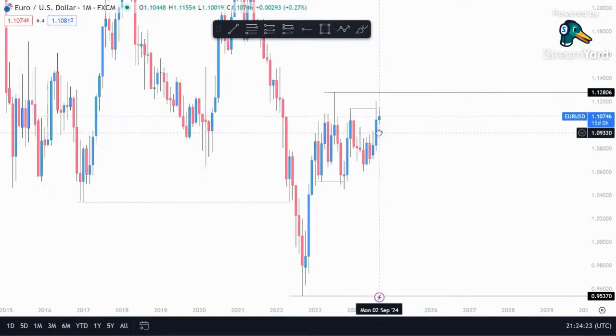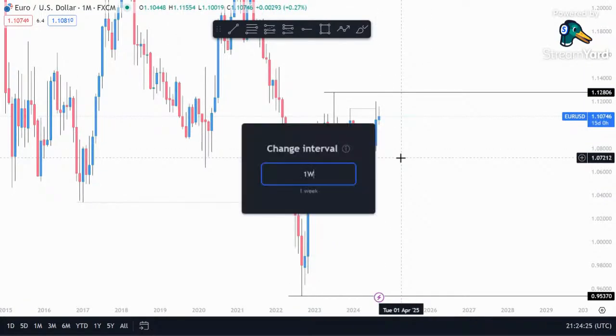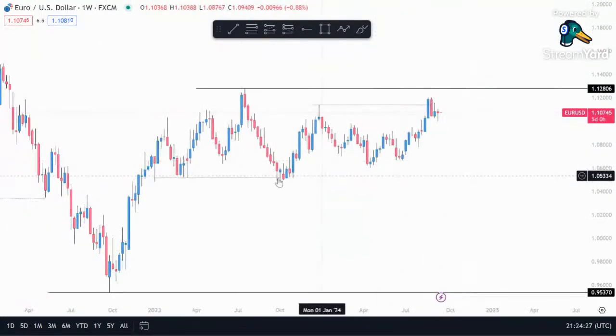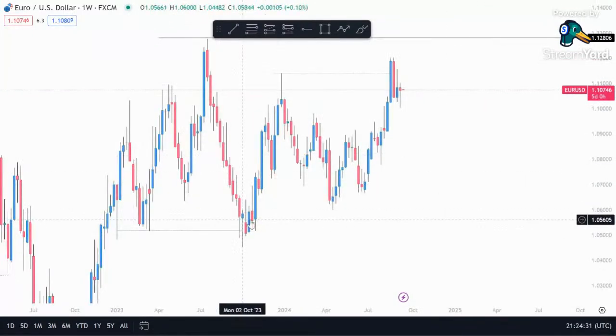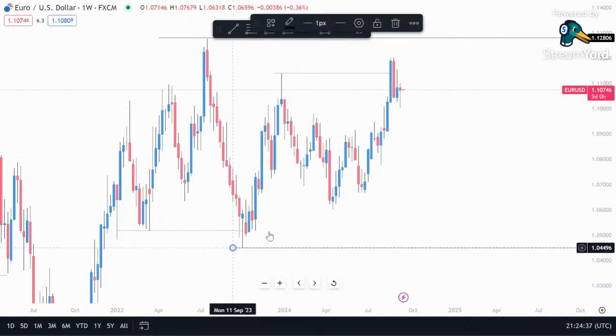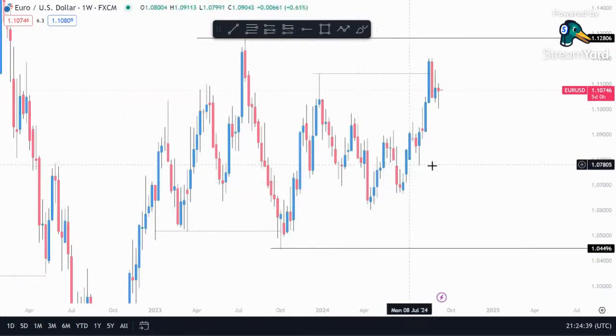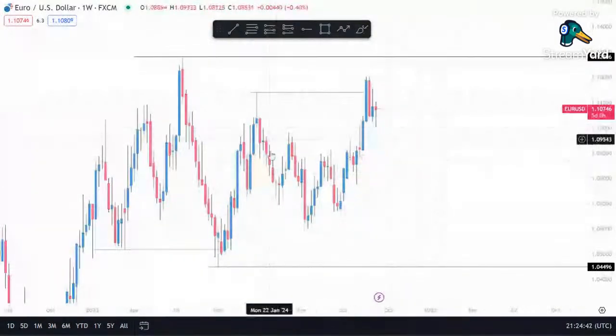Then weekly, that was the low that was swept before, making this low protected, this low protected, this low protected. Now we're expecting price to still push up, but let's focus on this current price.